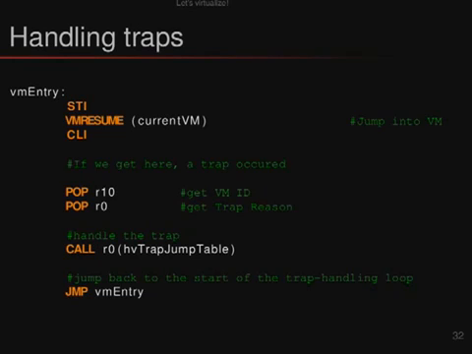I put that from the stack back into registers R10 and R0, and after that I'm calling into a function table based on the index in R0. After handling this via the function table, I jump back into the loop, and then the cycle repeats, and the VM or another VM is executed again.